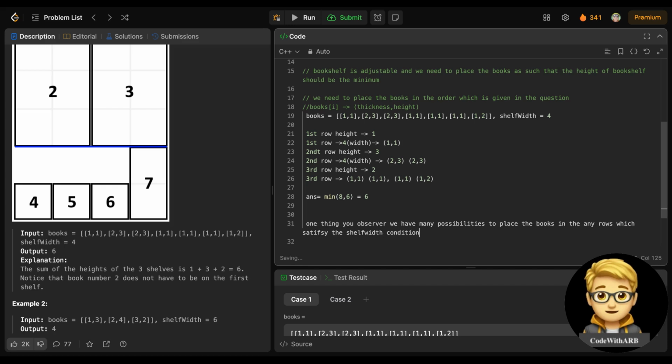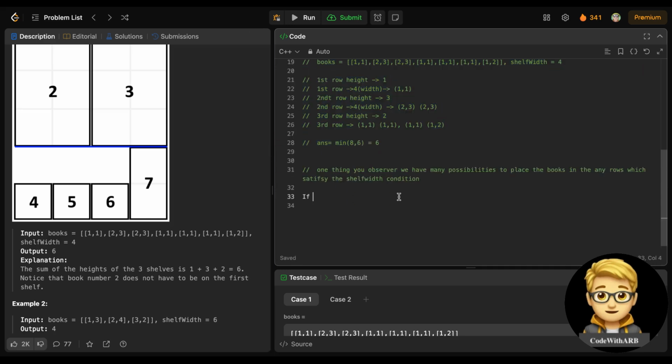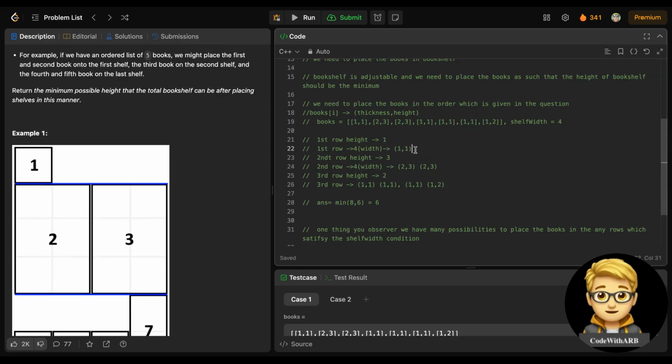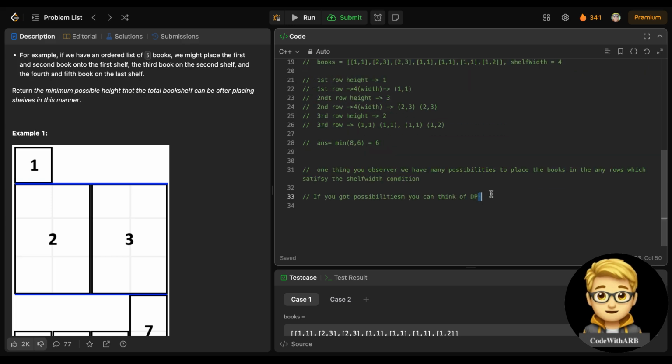And if we have possibilities, you can think of DP for sure. Because there are many possibilities, can you put this at the first row, 2 3 can you push at the second row or third row or the last row, anywhere. So you have possibilities, so you need to think of DP for sure, right? You will think of DP.